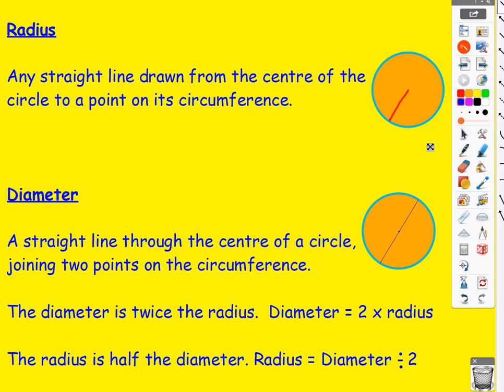The connection between the two is that the diameter is twice as long as the radius. It's made up of two radii, two lines going from the centre to the circumference. And the radius is half the distance of the diameter.